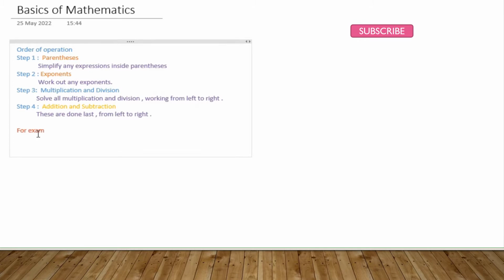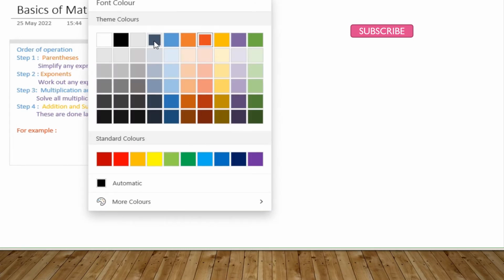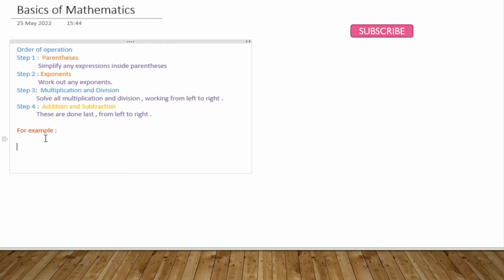For example, we have taken 12 minus 3 into 4 plus, in brackets, 20 minus 3, plus 3 square.